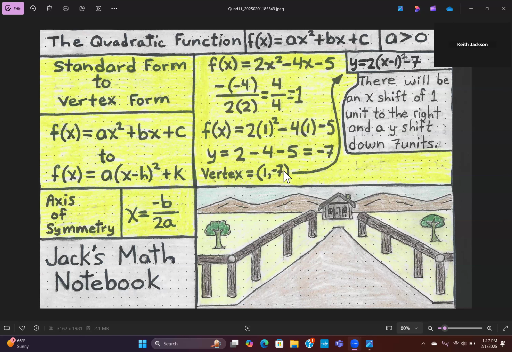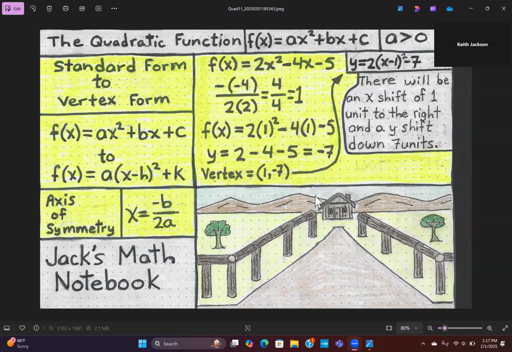And we're going to put that negative 7 on the outside because our negative 7 is actually k. Here's what's going to happen. There will be an x shift of 1 unit to the right in this case. If you see a minus 1, that means the parabola is going to shift 1 unit to the right. And if we have this negative 7 right here, that means it's going to shift 7 units down. So 1 unit to the right and 7 units down.